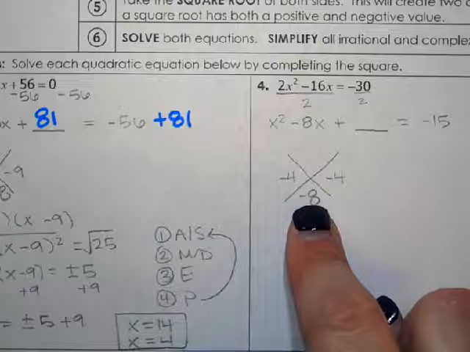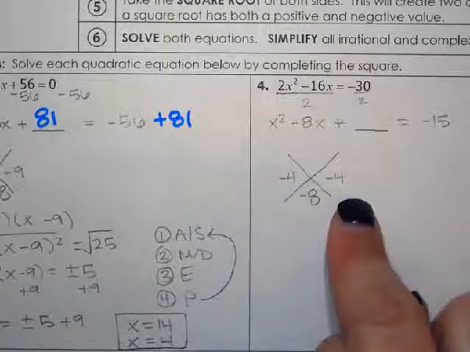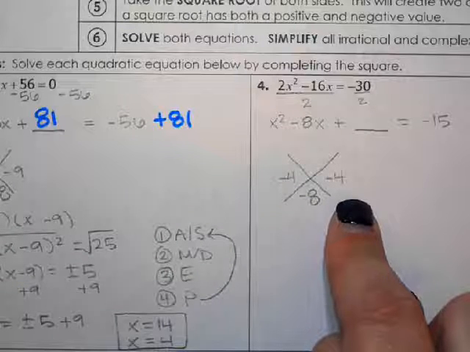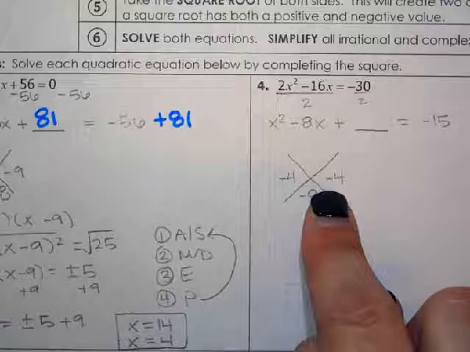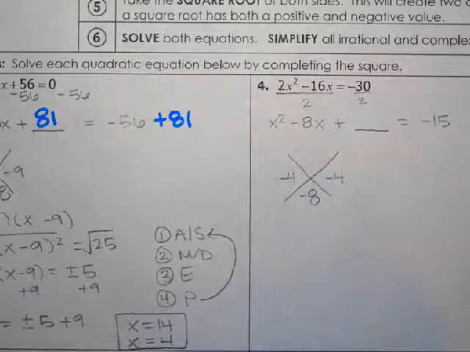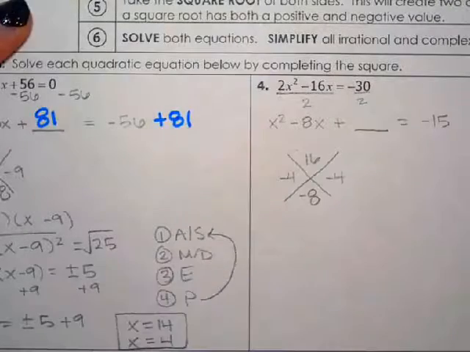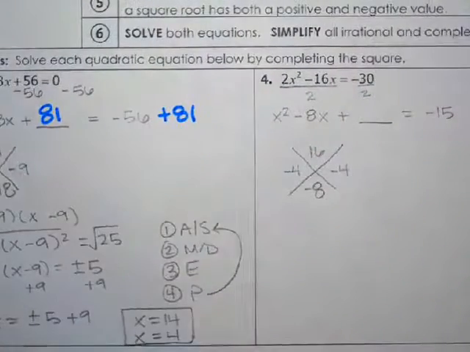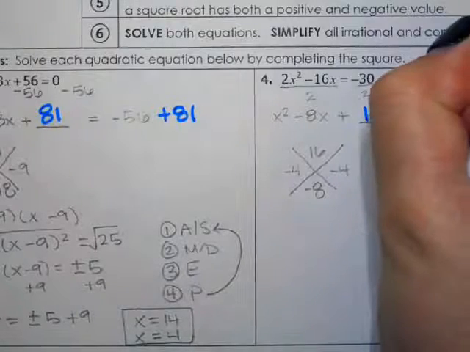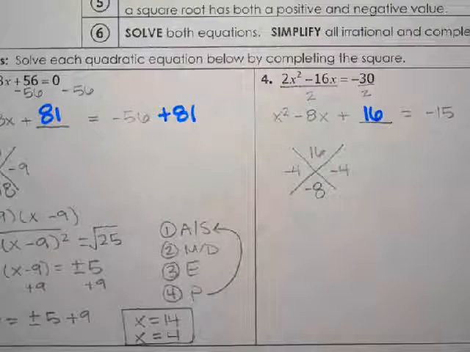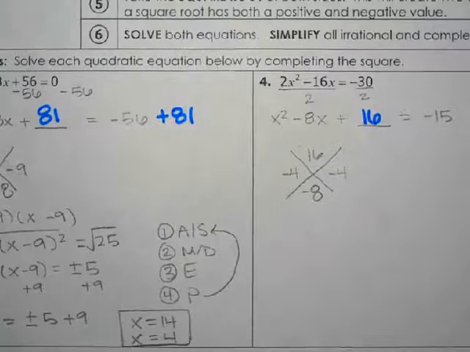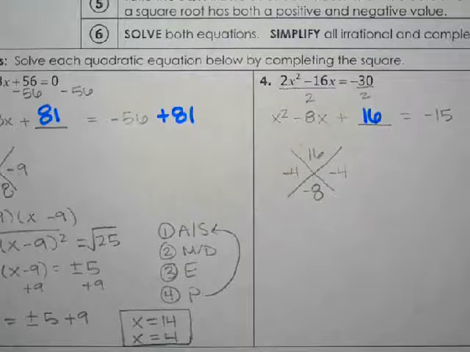Okay. So what's the perfect square that it's multiplying to be? 16. Okay. So 16 is the number that fills in the blank. But now if I fill in the blank with a 16, my equation is lopsided. It's 16 bigger on the left side than it is on the right side. I got to add 16 on the right side to keep it balanced.